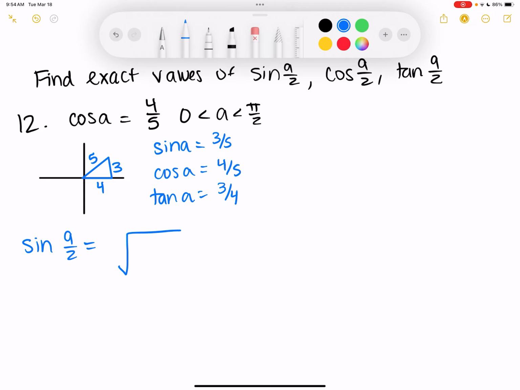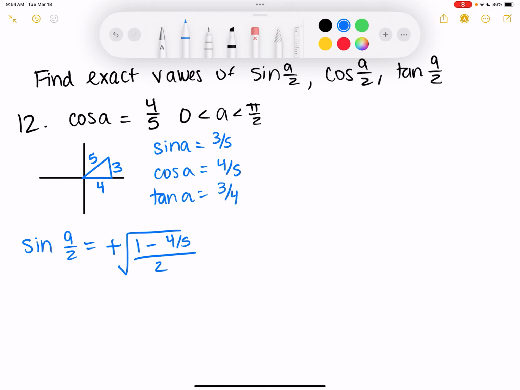It is positive, because of where it is in the quadrant. So 1 minus the cosine of A, which is 4 over 5, over 2.